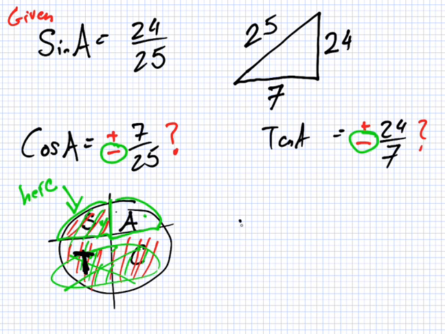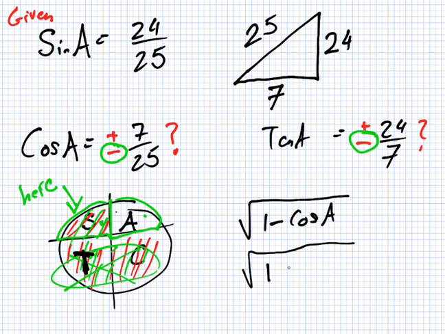Right, so now we can answer the question, what is the square root of 1 minus cos A? That is the square root of 1, yeah, because it's minus minus. So this would be 6 over 5? Is that right?